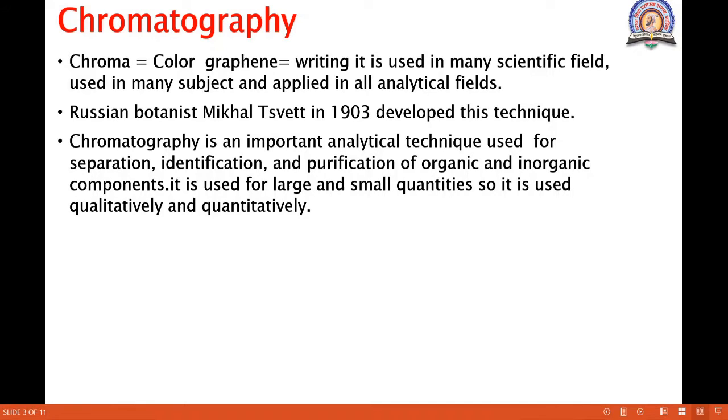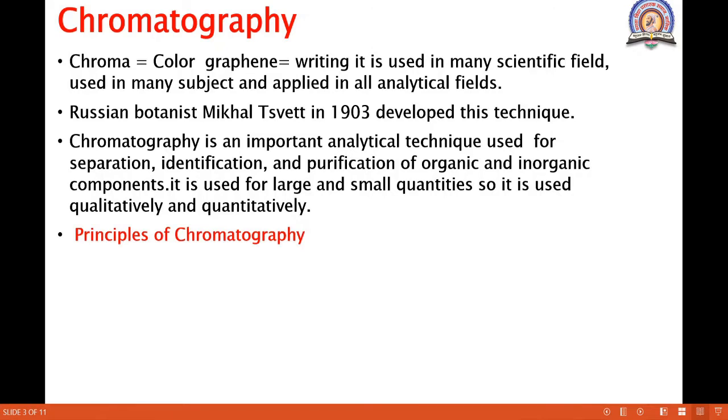And we must purify this compound. And last is the purification. Okay, students? So it is used for separation, identification and purification of organic and inorganic components present in the mixture. It is used for large or small quantities, so it is used qualitatively as well as quantitatively.